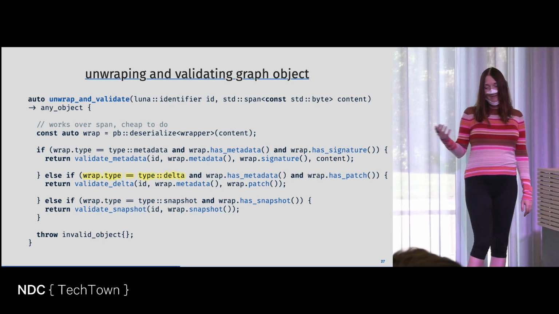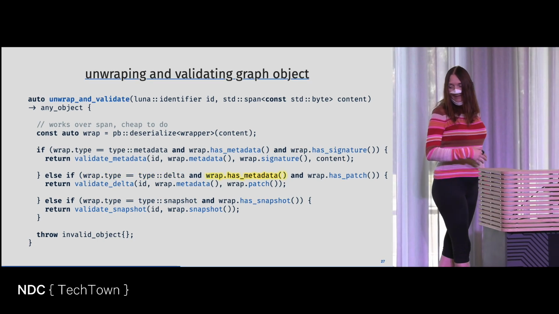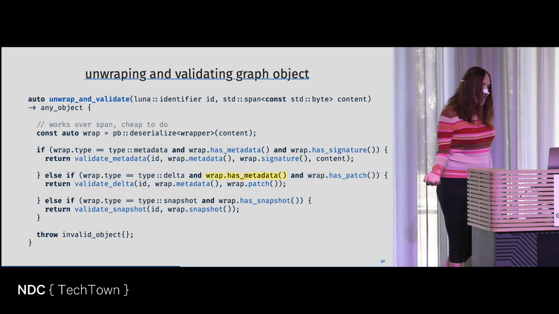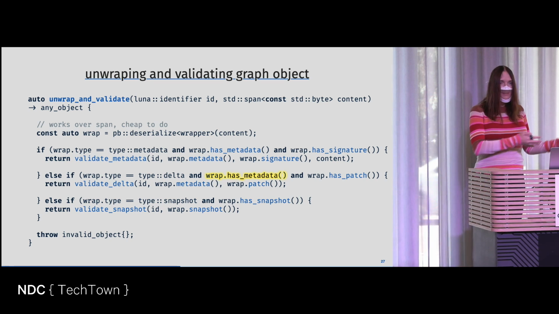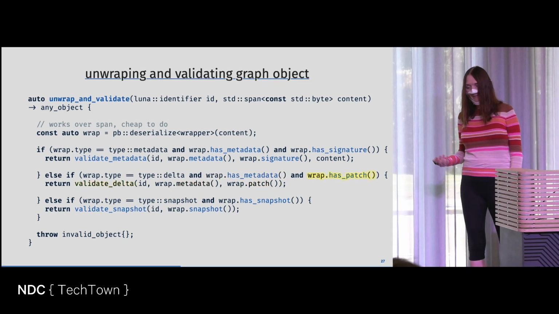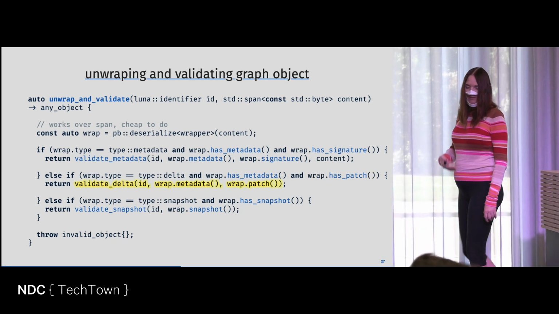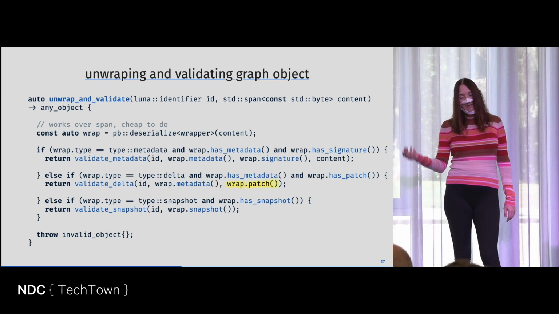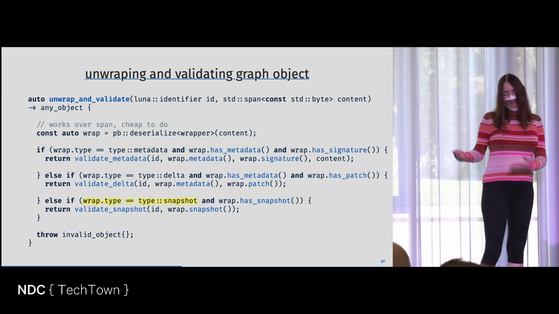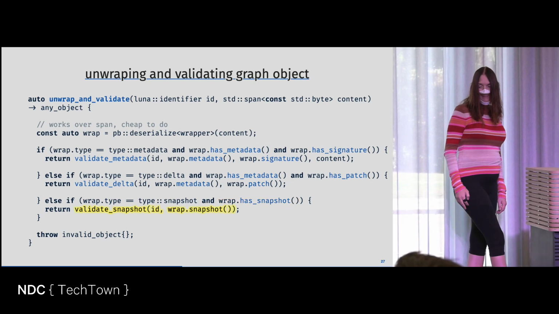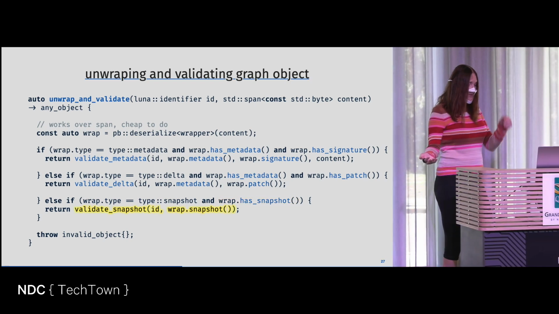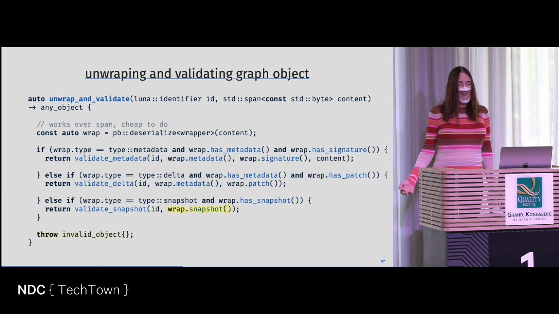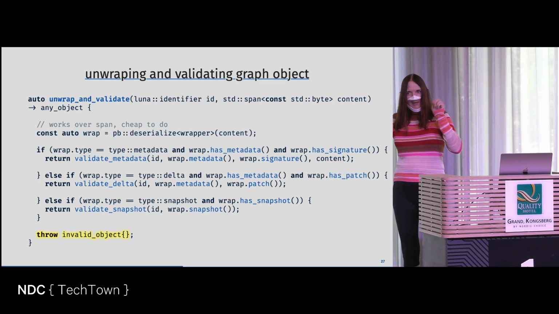And if it's a delta, the delta needs to contain metadata of the previous state and also the patch. Then we call function validate for ID, metadata of previous, and patch. And if it's a snapshot, it needs to contain a snapshot, and we call function validate. Otherwise, we throw an exception that it's not a valid object.